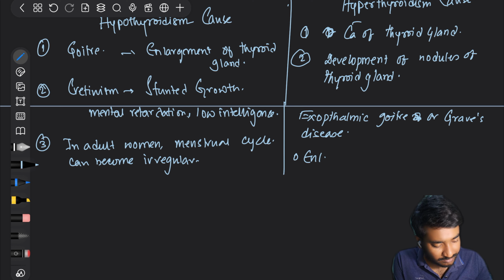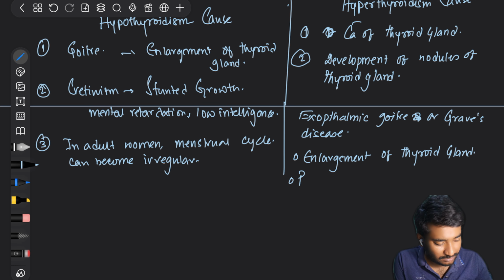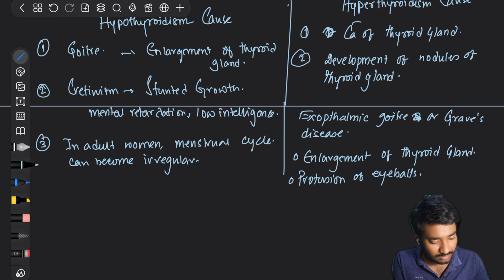It is the enlargement of the thyroid gland, protrusion of eyeballs, and increase in the BMR.